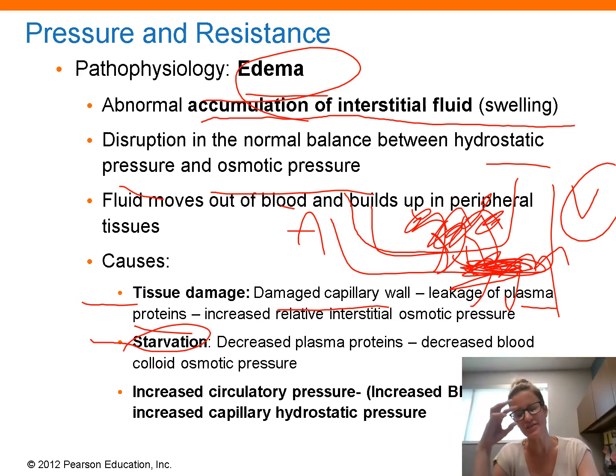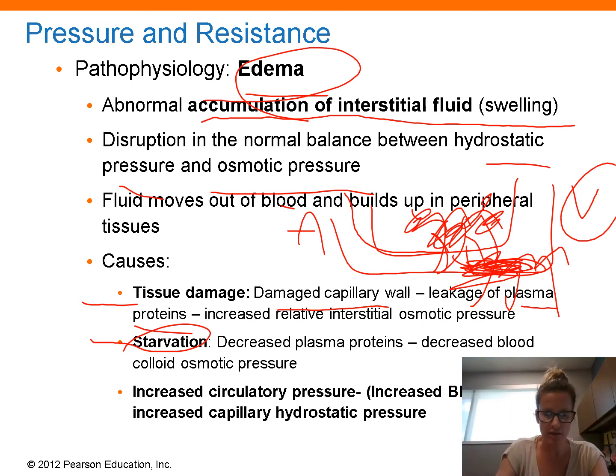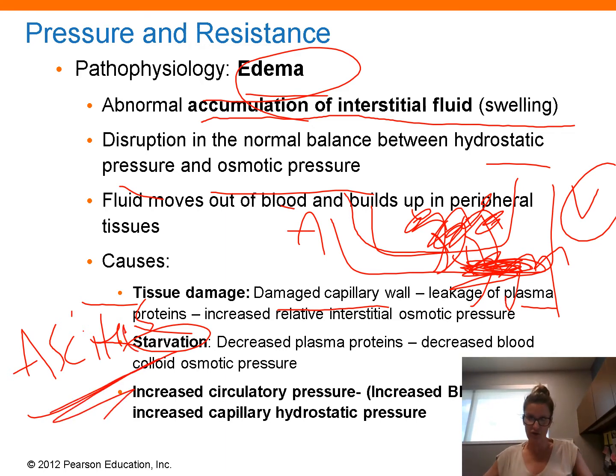Frequently, when a patient's suffering from starvation, the accumulation of fluid or the edema occurs in the belly. This is called ascites. Okay. Ascites is edema in the stomach or in the abdomen. So the abdomen starts to grow and protrude because of that edema that's occurring.